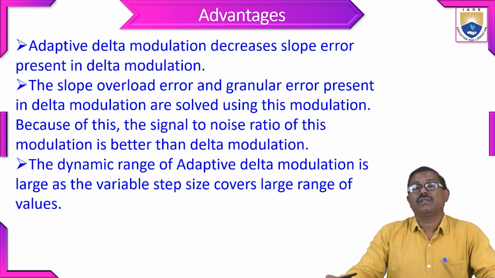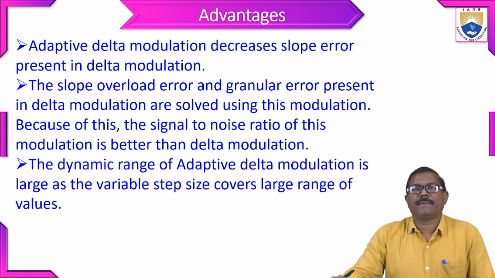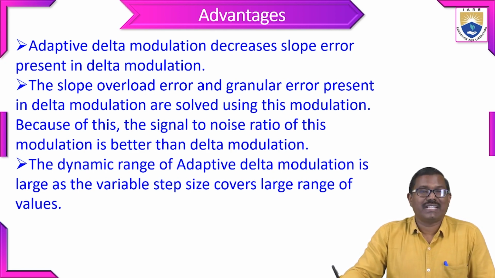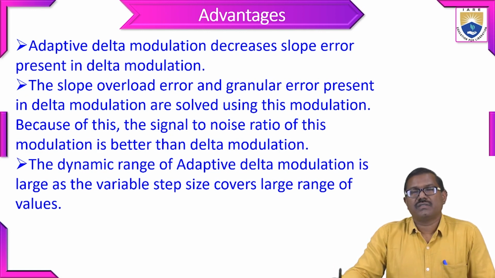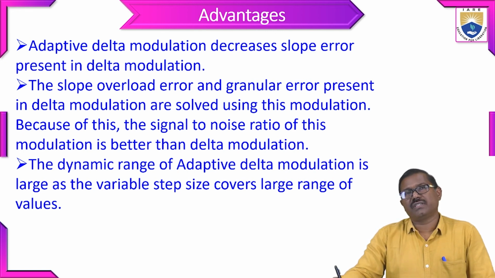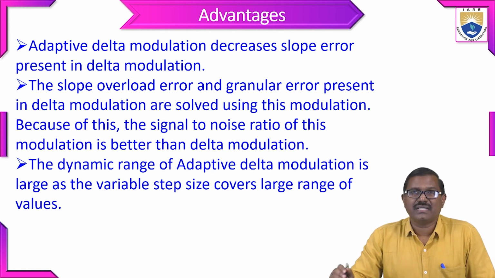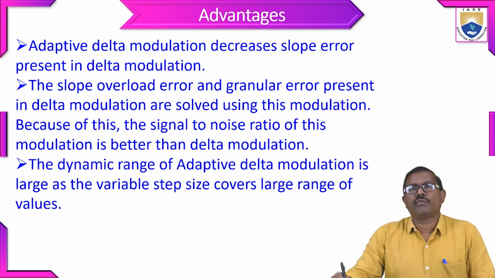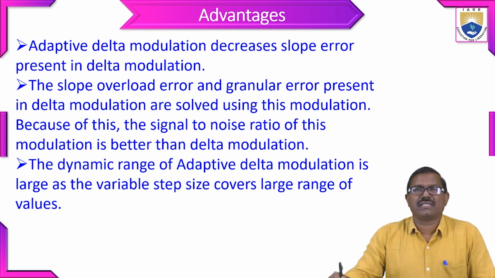So now what are the advantages of adaptive delta? Adaptive delta modulation decreases the slope error present in delta modulation. Already we've seen that. Why? Because it has an adaptive nature. Based on the message signal, it can increase the step size. So slope overload is going to decrease. The slope overload error and granular noise present in delta modulation are solved using this modulation.